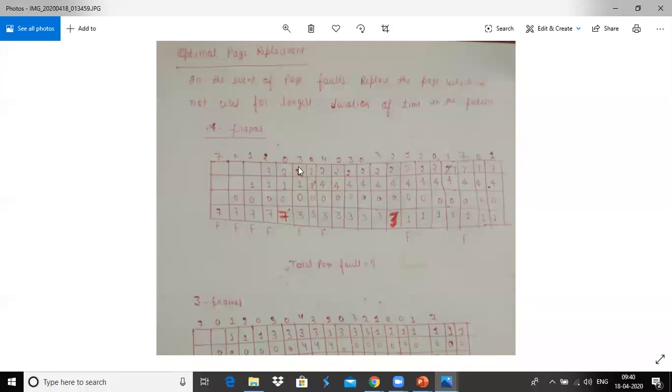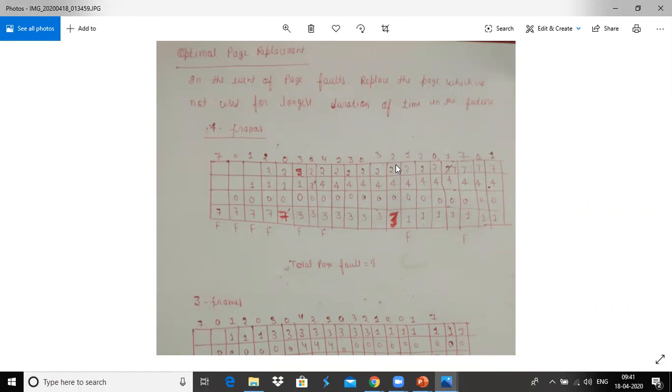Which page is not used for the longest duration of time? This page number 7 is not used, because page number 0 is used before 7, and page number 1 is used before page number 7, and again page number 2 is also used before 7.